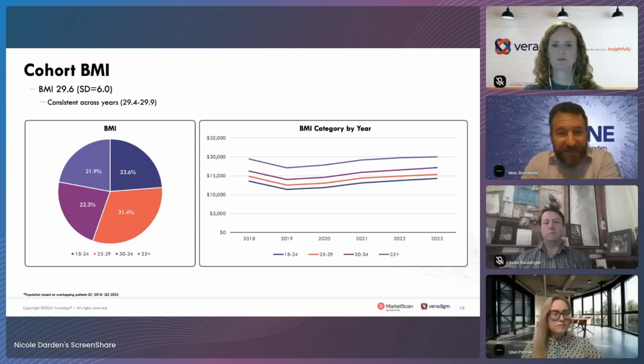Okay, I was surprised to see this. I was surprised that our BMI was actually pretty steady across years, within about half a point, right around 29. If we start at the far left, in the upper right-hand quadrant of that pie chart, about a quarter of our patients had a BMI of 18 to 24, about a third were 25 to 29, and around a fifth were each in the 30 to 34 and over 35 ranges. So for the purpose of this analysis, we kept it to patients just above a BMI of 18.